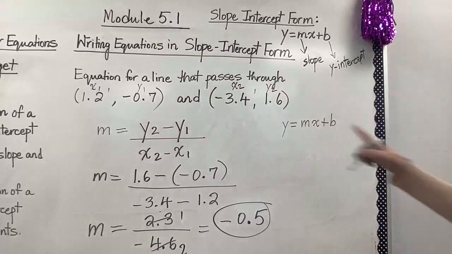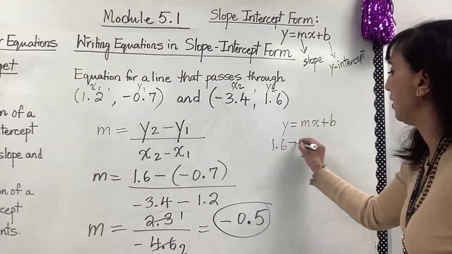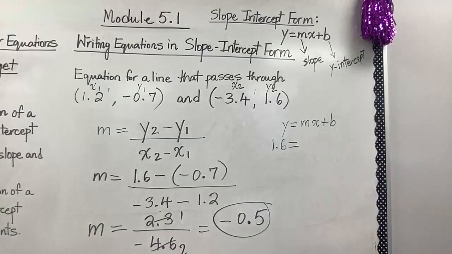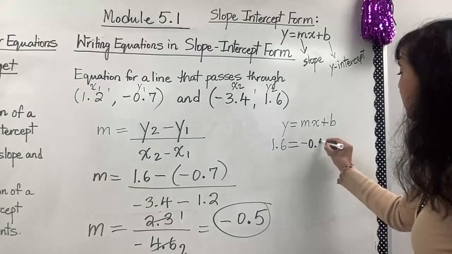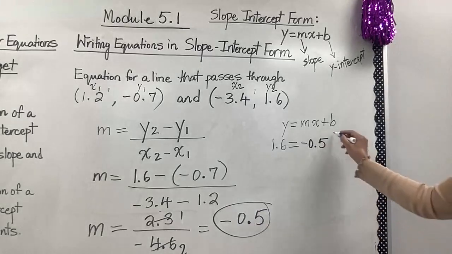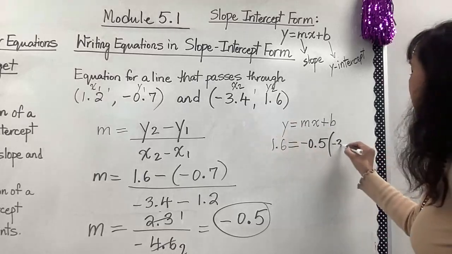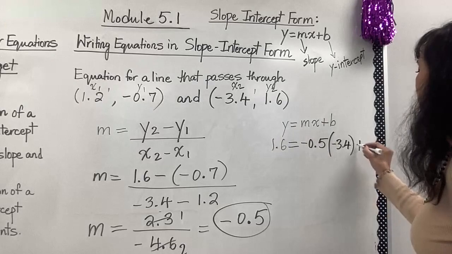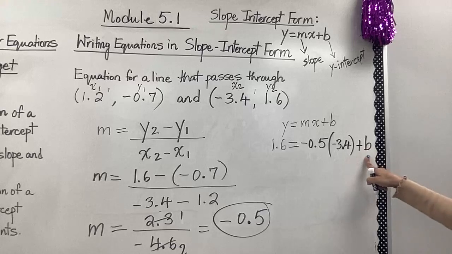And so y is equal to 1 6/10, I'm substituting. I found my slope, which was negative 5/10 times what is x over here, negative 3 4/10, plus b. So I'm trying to calculate for the y-intercept.